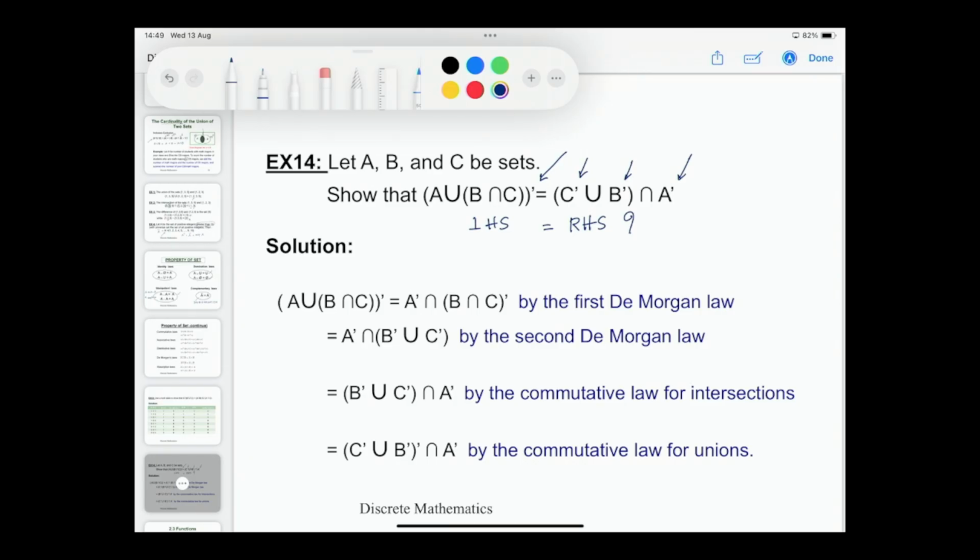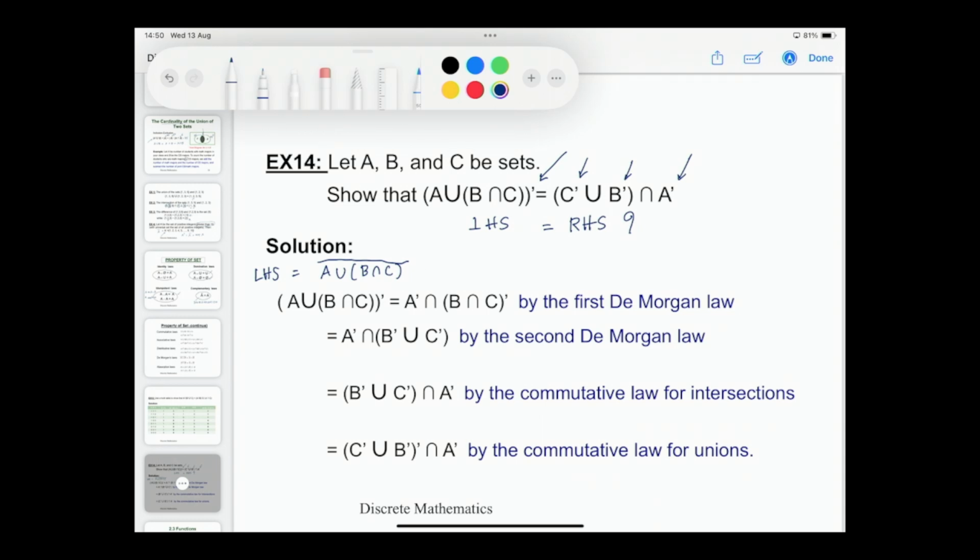The left-hand side is the same as when we write it this way, A union B intersect C, and we put the bar on top of the whole thing.